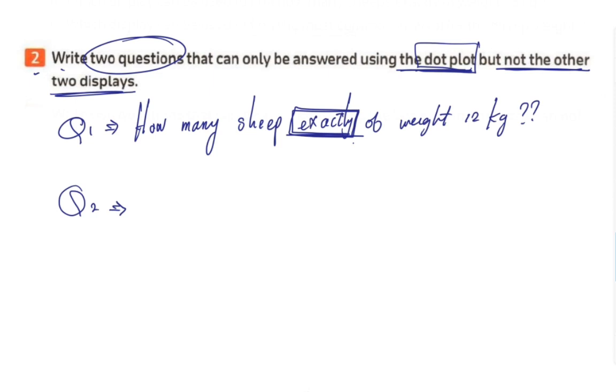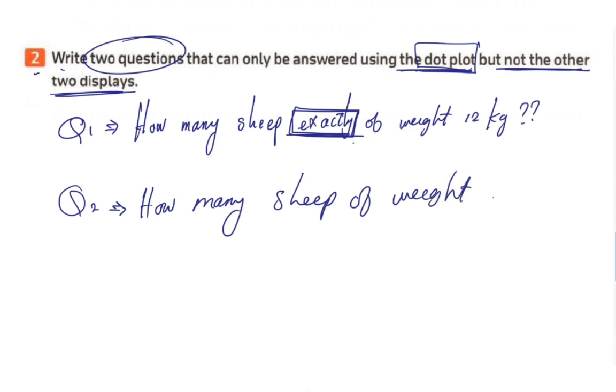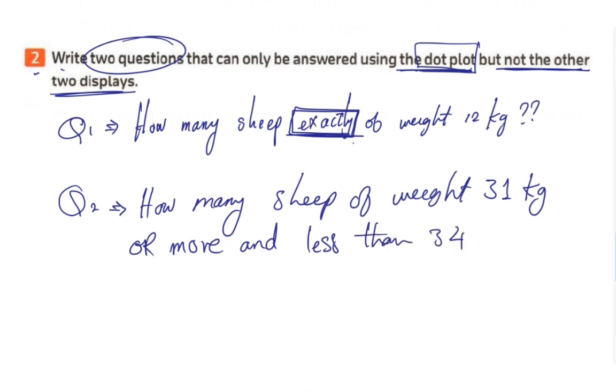Question number 2. Again, how many sheep? But this time, how many sheep of weight 31 kilogram or more and less than 34 kilogram?